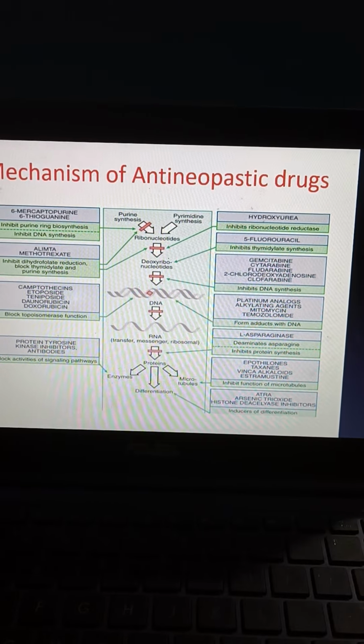Anti-tumor antibiotics are another group of cell cycle non-specific agents, for example dactinomycin and mitomycin. Then camptothecins, topoisomerase 1 inhibitors. These are cell cycle non-specific agents, CCNS.